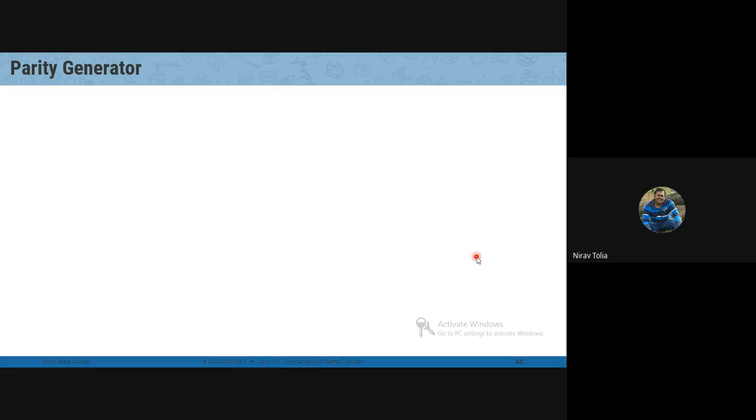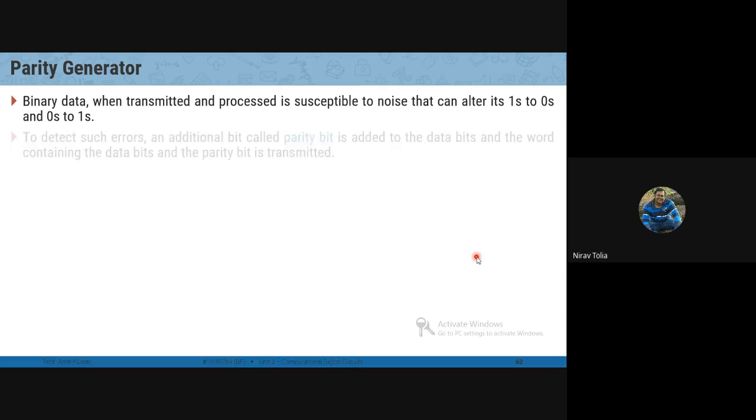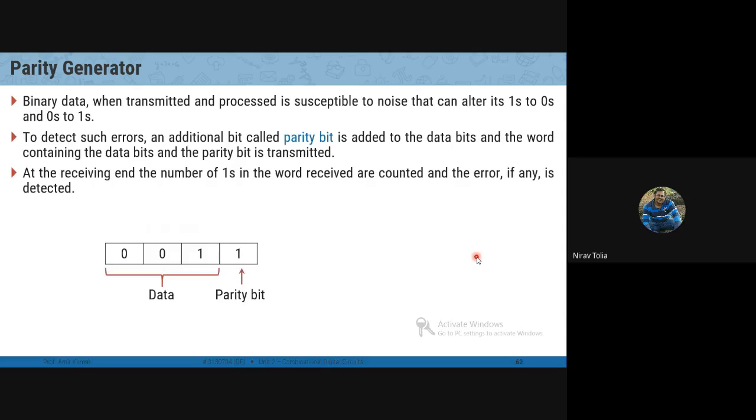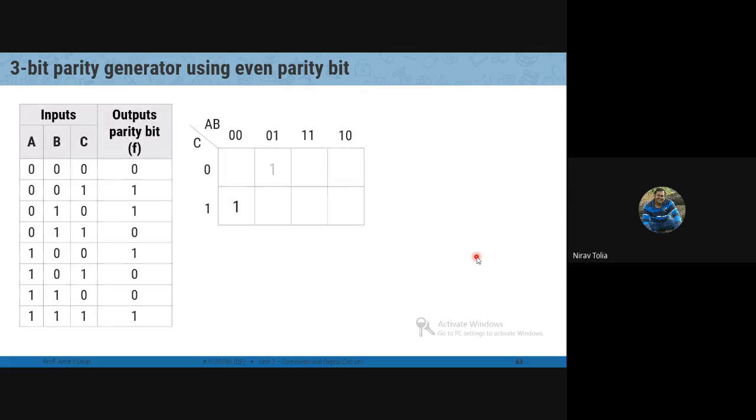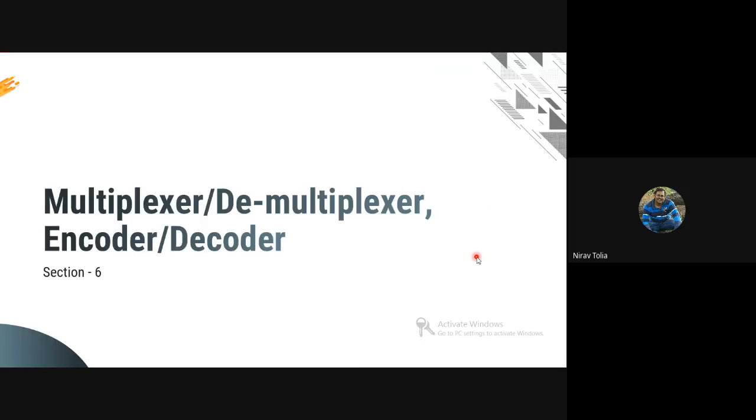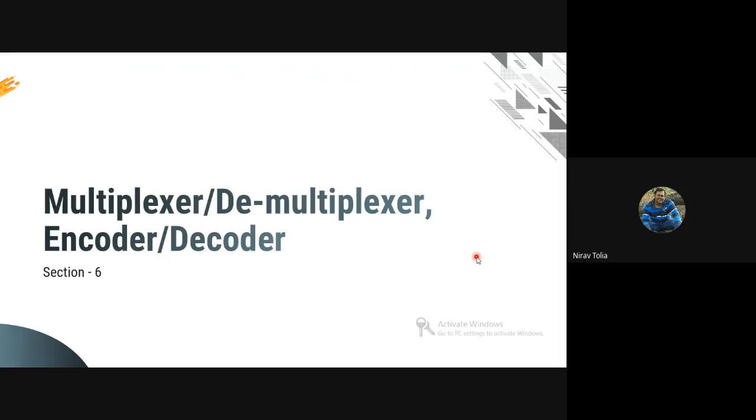The next one is the parity generator, but we do not have to focus on the parity generator because it is not in the mid-sem syllabus. That we will cover later. Again, this 3-bit parity generator also is not in the mid-sem syllabus. So now we have to come to the next topic, which is the multiplexer, demultiplexer, encoder and decoder, and that is in our mid-sem syllabus.